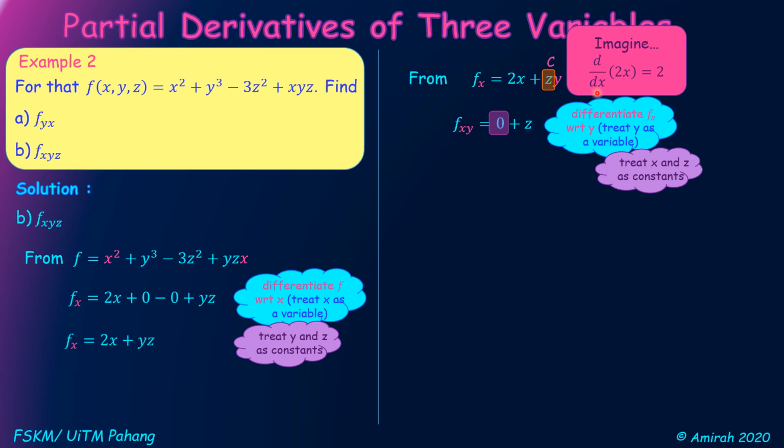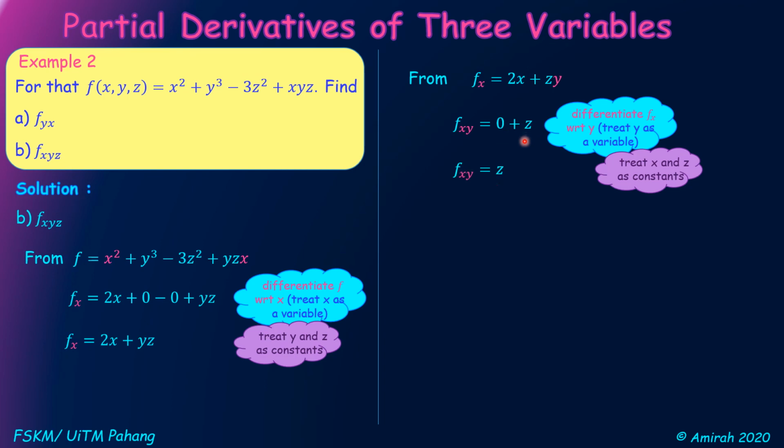Let's say we put the constant equals 2. When we differentiate 2y with respect to y, the answer equals 2. So the same goes here. When we differentiate constant times y, the answer equals z. Then we simplify, so we get fxy equals 0 plus z equals z.